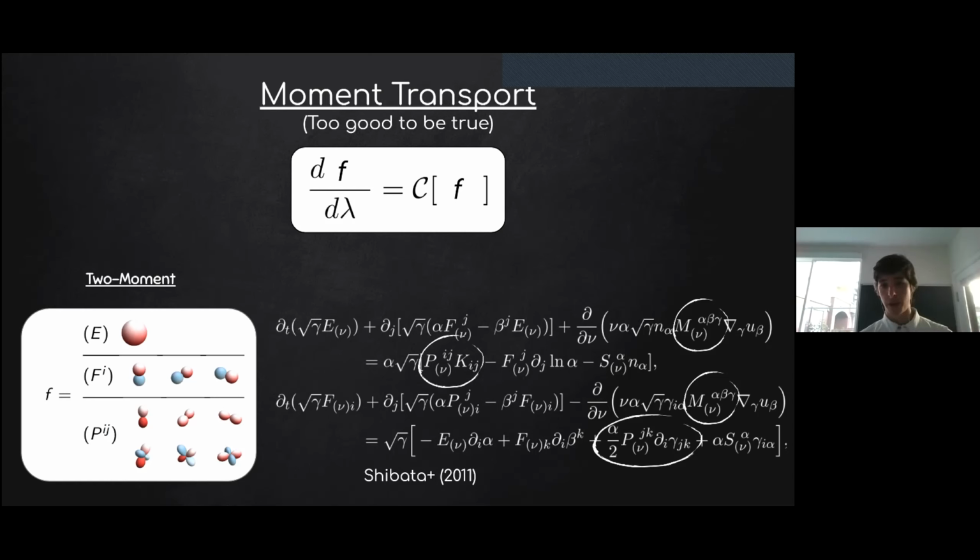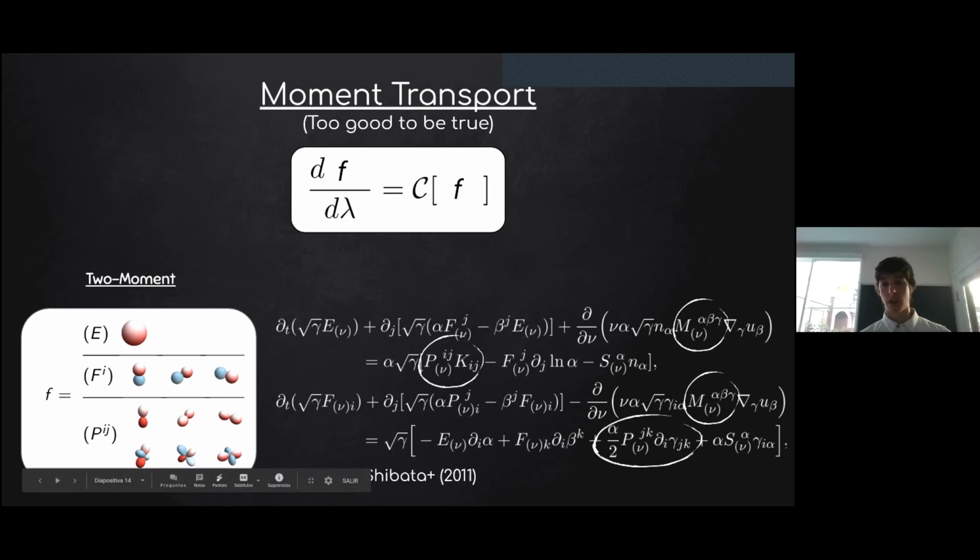But the important feature is that how the energy density changes depends on the flux, it depends on the pressure tensor, and it depends on this rank 3 tensor, which I don't have a picture of, but it's just the next term in this expansion. And similarly, the flux depends on the pressure and this rank 3 moment.